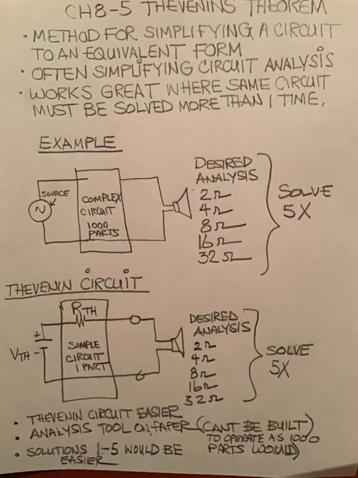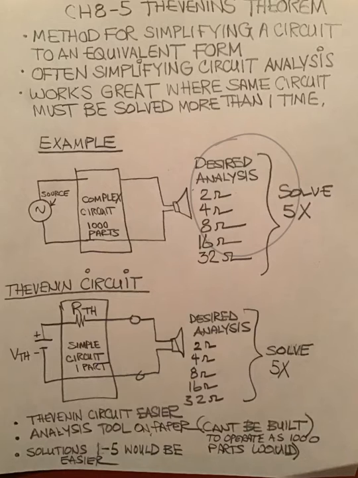So the question becomes, if I desired to analyze this problem 5 times, with a 2 ohm impedance, a 4 ohm impedance, an 8 ohm impedance, all the way up to 32 ohms as shown in the drawing around the black circle, that could take you days to get through, just to solve it 5 times.